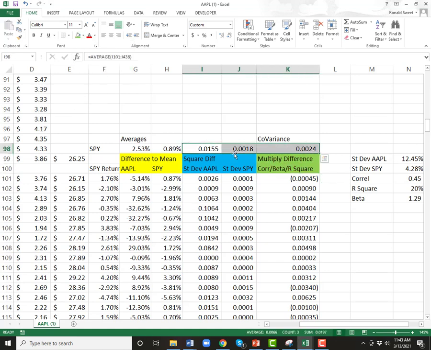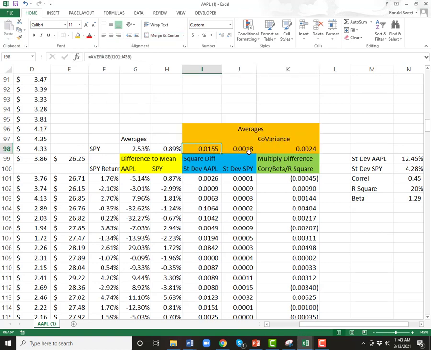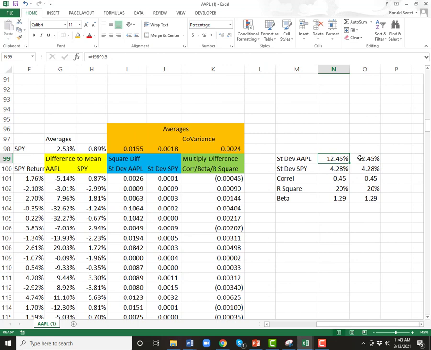And then you take the averages of these numbers. So there's the averages. And that gives you these numbers, and then at the very end you just plug them into the formula. Standard deviation is just the average of those differences squared, taking the square root.